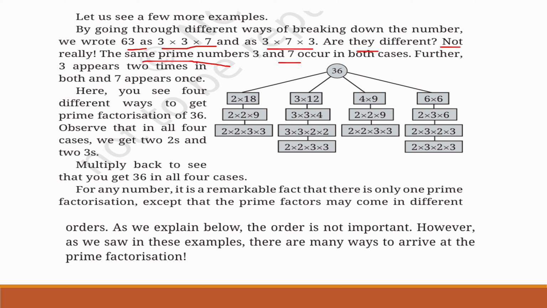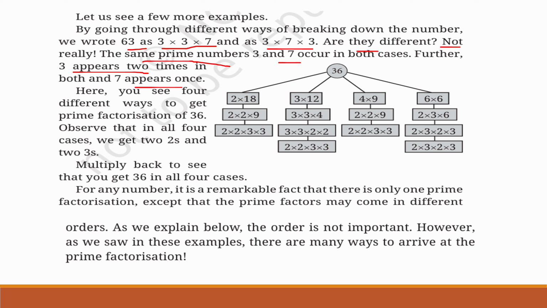Further, 3 appears 2 times in both and 7 appears once. So 63 equals 3 into 3 into 7, which is the same as 3 into 7 into 3.